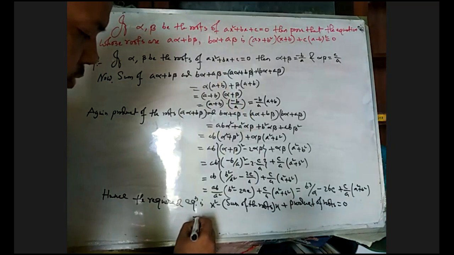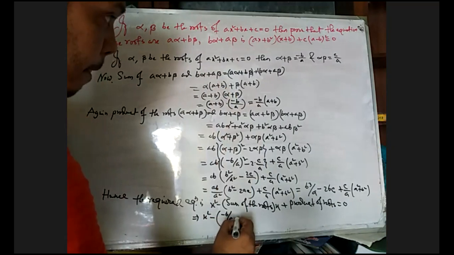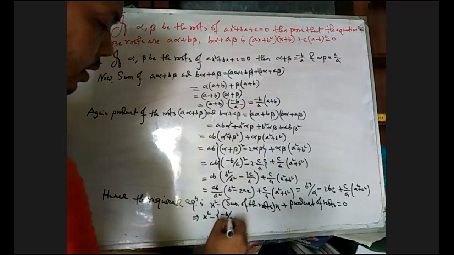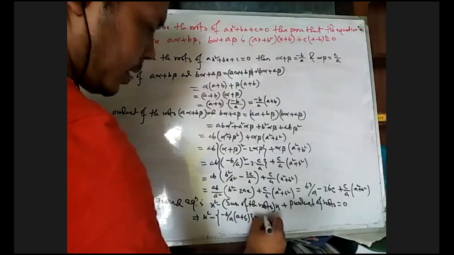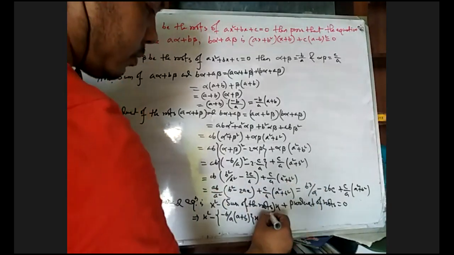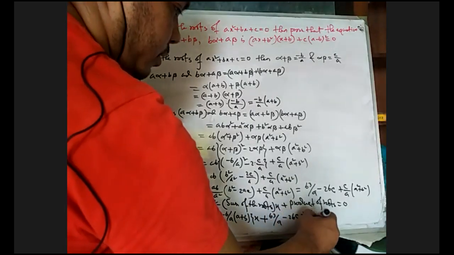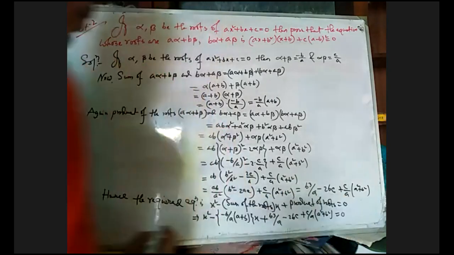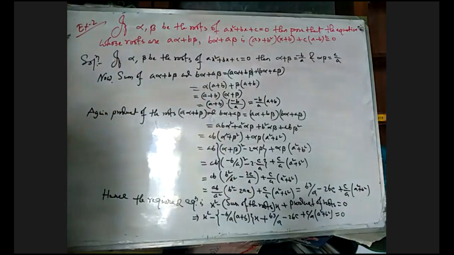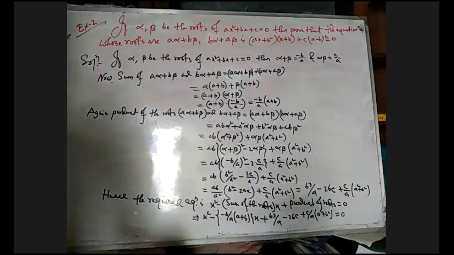Now just putting the values, we get x square minus sum of the roots, minus b by a into a plus b, into x plus the product of the roots, this one, b cube by a minus twice bc plus c by a into a square plus b square equals 0. So after this line, we can remove this one.